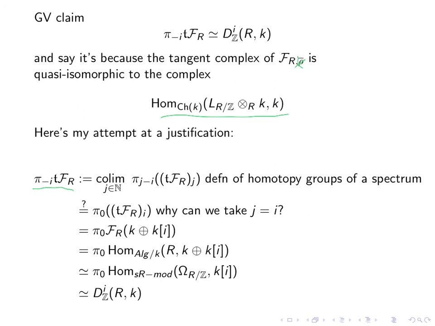If we take J equal to I, then that colimit contains the pi naught of the ith space in the tangent spectrum.